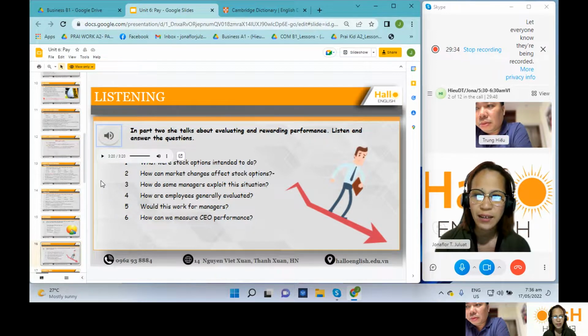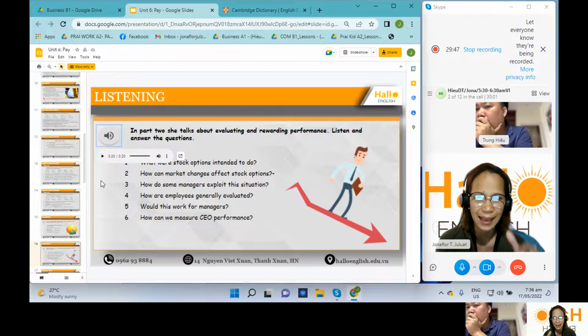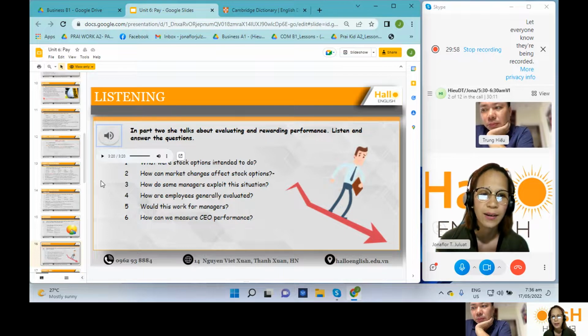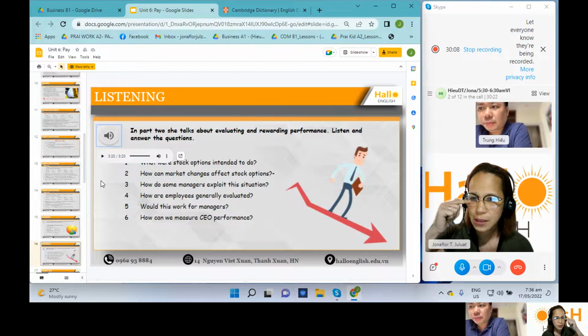The management encourages this in the short term in order to sell their shares before the market changes or falls again, right? Yes, they would offer short term. Okay. So, how are employees generally evaluated?